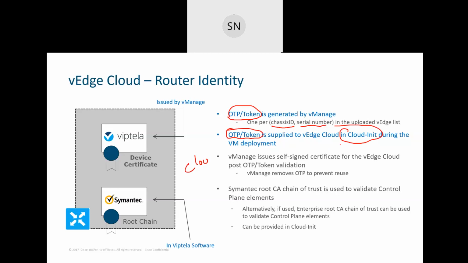Once Cisco updates the virtual account and the smart account, vManage will automatically pick it up from the smart account. Otherwise, we have to edit the vManage. If you have manual provisioning or manual upload, you need to do it manually. If you have already synced your vManage with the smart account, it will automatically get it.